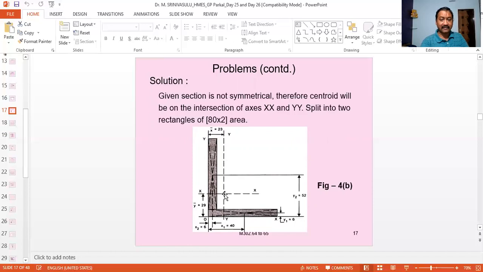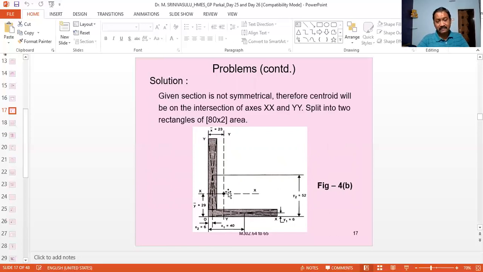So this is the centroid. Here, what is happening is the centroid of the given figure is acting out of the area. So it is not within the area of the L section. This point is acting out of the area of the L section. It is not located on the given body.